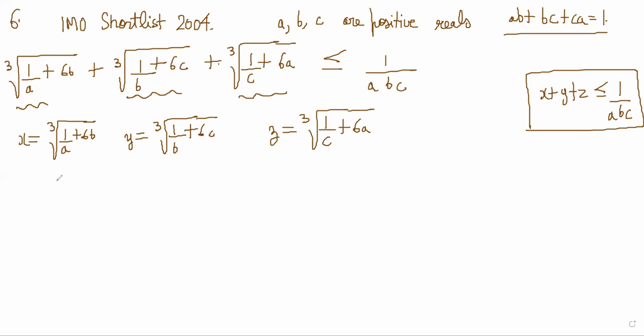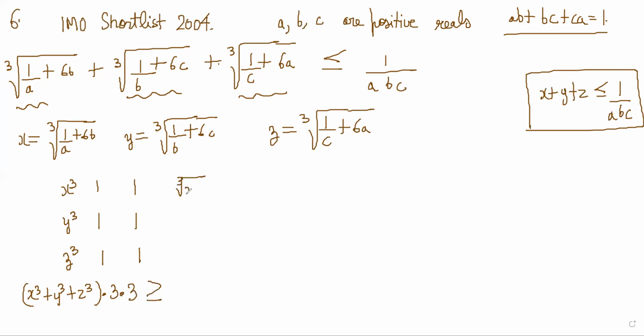Okay, so let's do Hölder's and take these terms x cube, y cube, z cube, and 1, 1, 1, 1, 1, 1. Hölder's on these will give me the inequality: x cube plus y cube plus z cube, multiplied by 1 plus 1 plus 1, which is 3, multiplied by 3, is greater than or equal to (cube root of x cube plus cube root of y cube plus cube root of z cube) whole raised to the power 3.